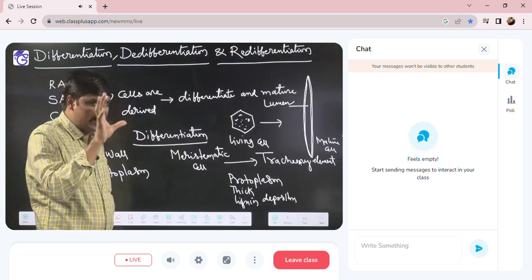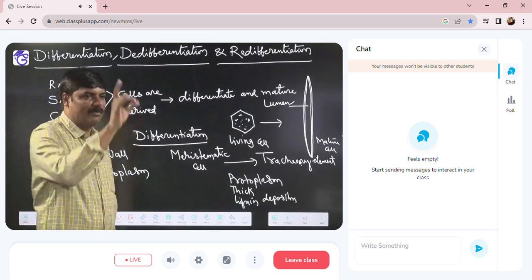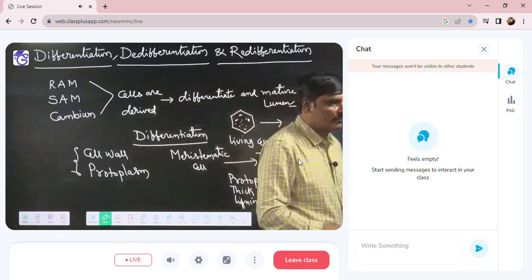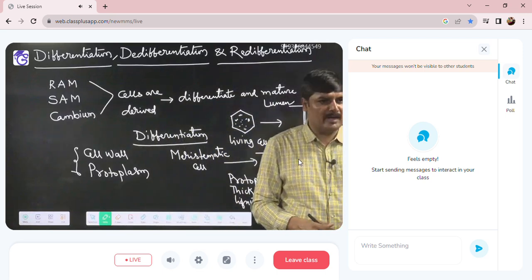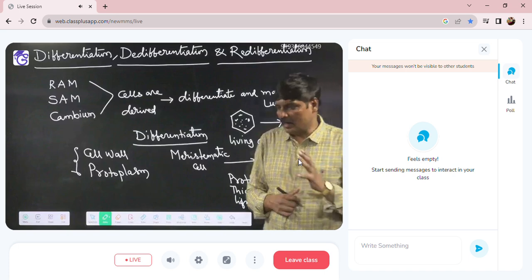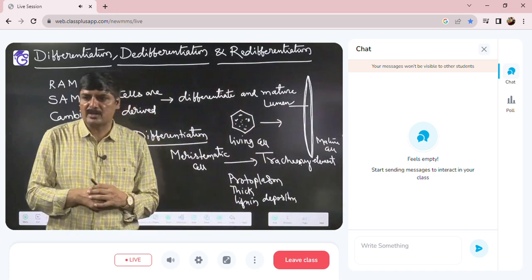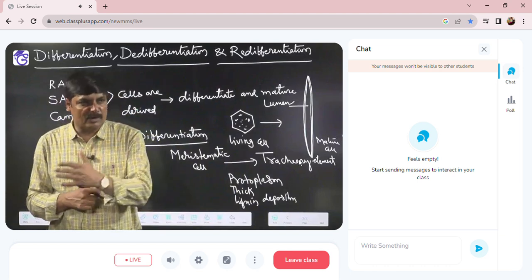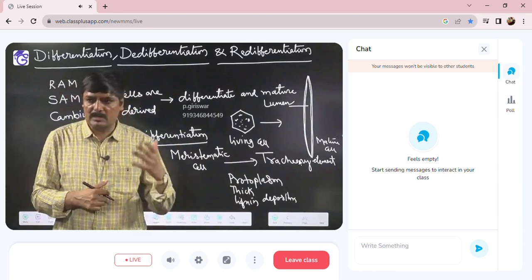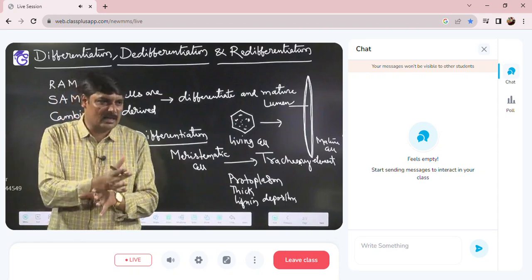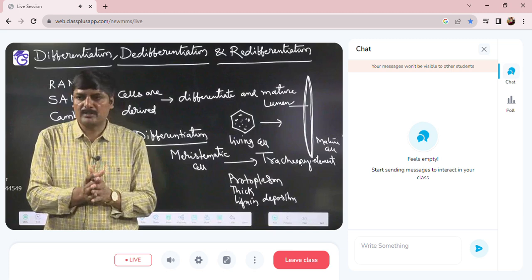Permanent parenchyma cells are formed by differentiation. Very important point. Parenchyma is a permanent tissue. All parenchyma cells are formed from meristematic cells by differentiation. Collenchyma is formed from meristematic cells because once upon a time all these are meristematic cells. The meristematic cells undergo differentiation.